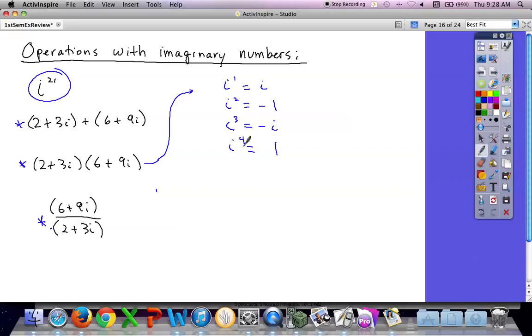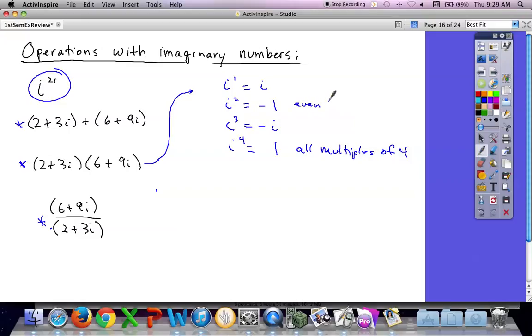Every multiple of 4, power of i, equals 1. i to the 8th, i to the 12th, i to the 16th, they all equal 1, right? All multiples of 4 in the exponent, right? i squared, if it's an even number but not divisible by 4, then it's -1.